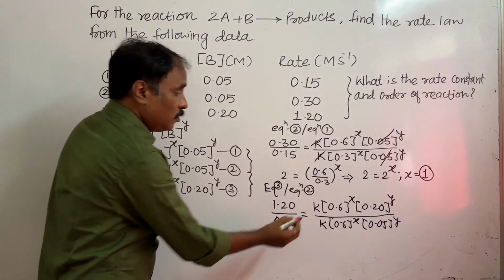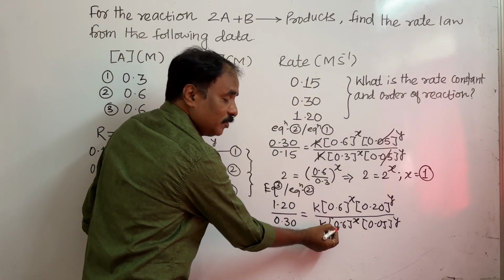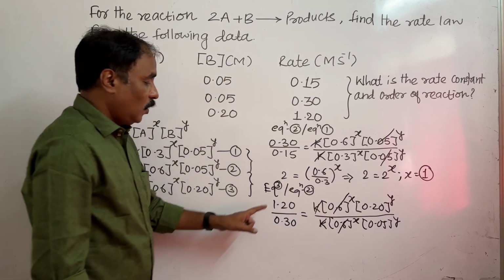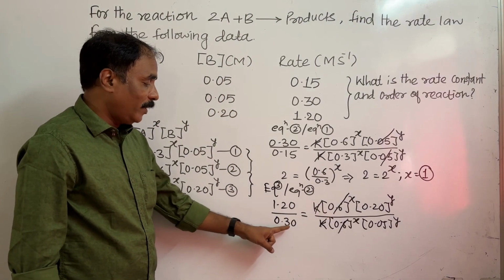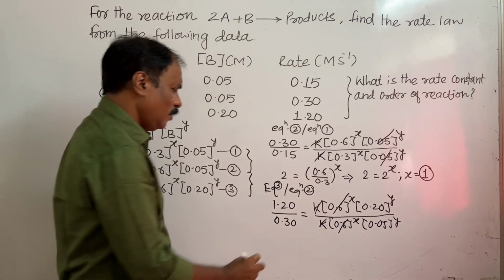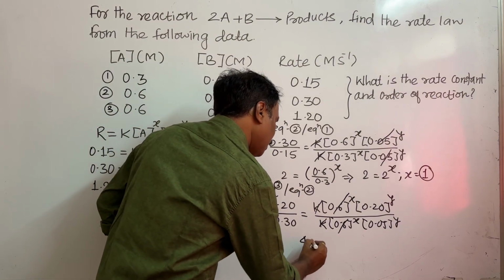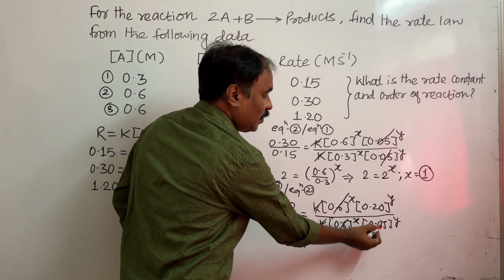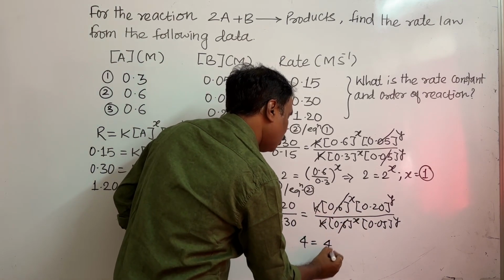Here also 0.6 to the power x, 0.6 to the power x will cancel, k will cancel. Now 1.20 upon 0.30, it will be 4. 4 is equal to, now 0.20 upon 0.05, this also will be 4 to the power y.